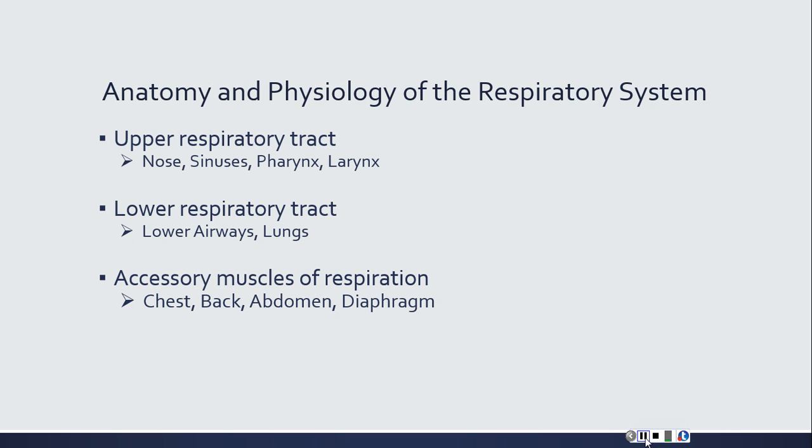Okay. So now, the last part of the respiratory system, not necessarily respiratory tract, is the accessory muscles. These are important as well. You got the chest, back, abdomen, and diaphragm. If you've got weak muscles in these areas, what happens? There you go.